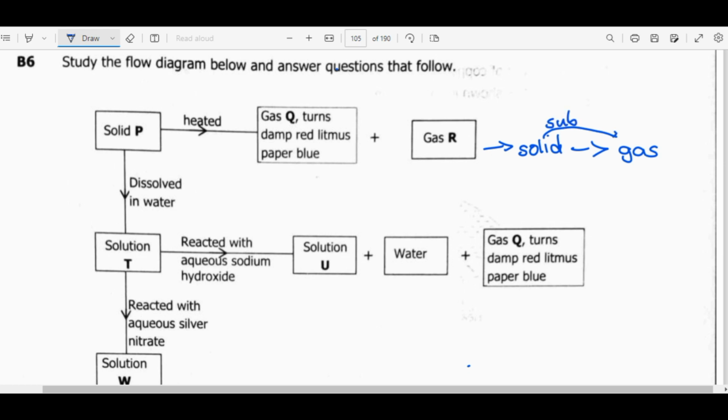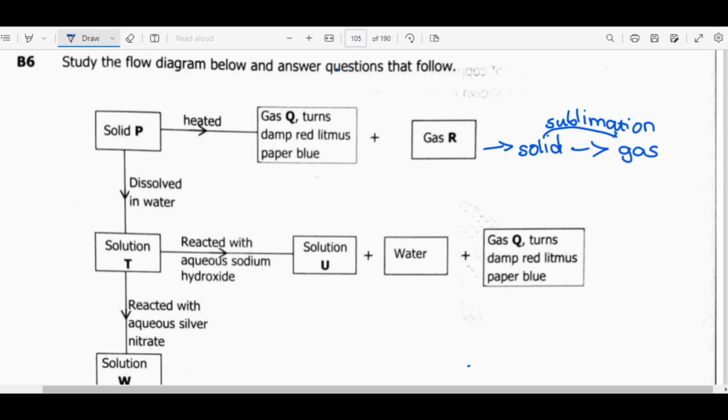So the substance which is solid P must be an example of a substance that can sublimize.